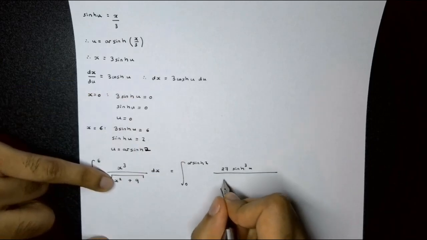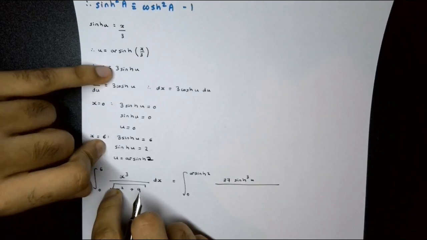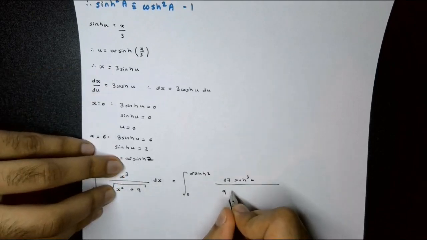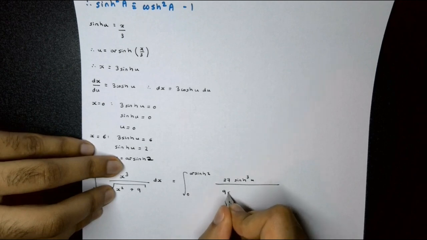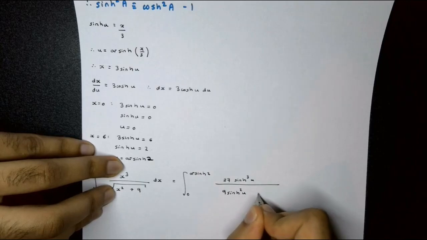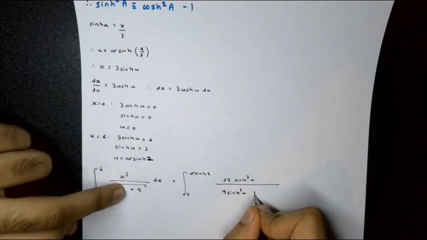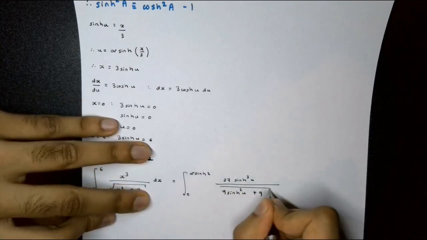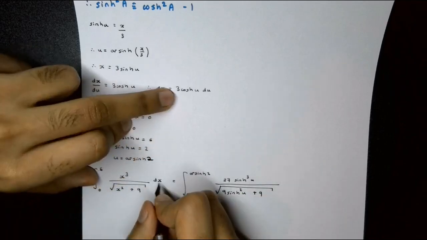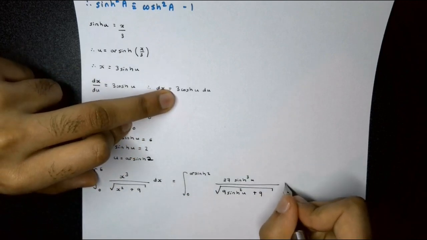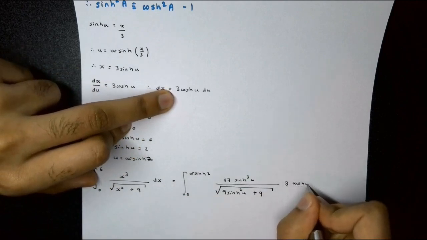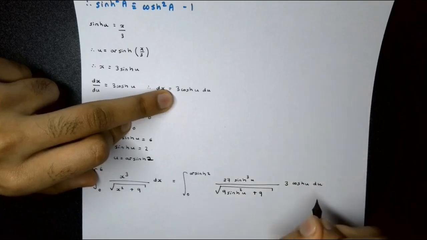So here we have x squared, so that will be 9 times by hyperbolic sine of u squared, and then don't forget we've got this plus 9 and we're square rooting over here, and then we've got dx, which we said is 3 times by hyperbolic cos of u du.